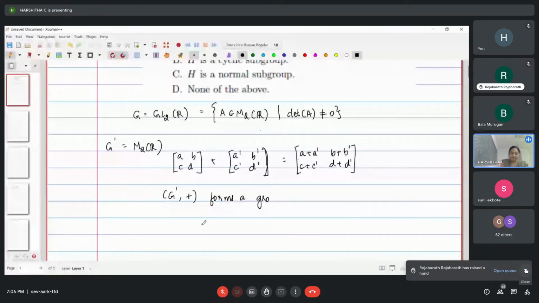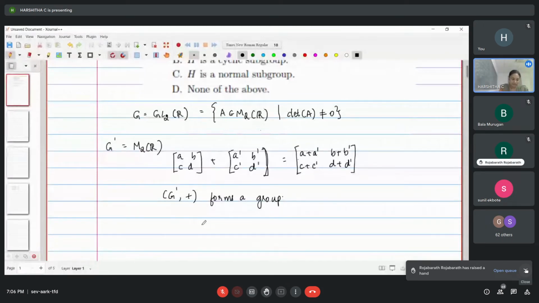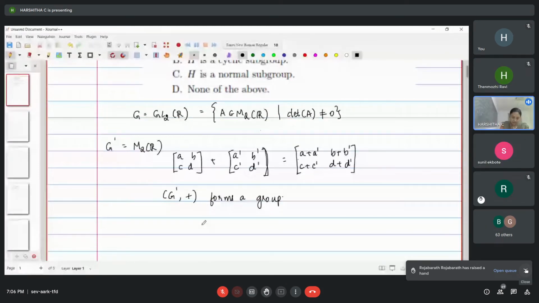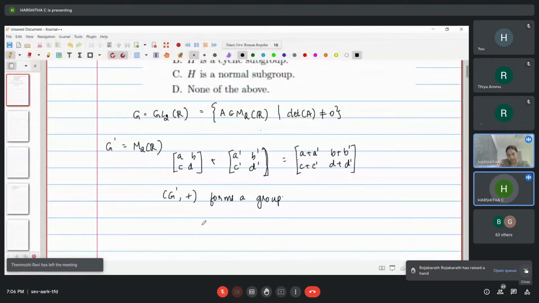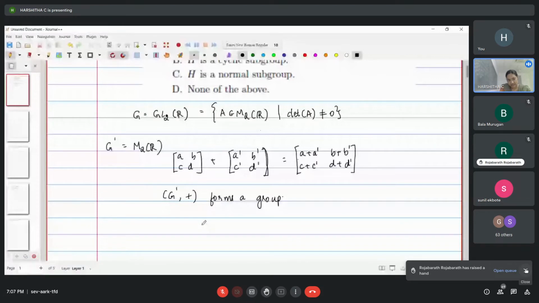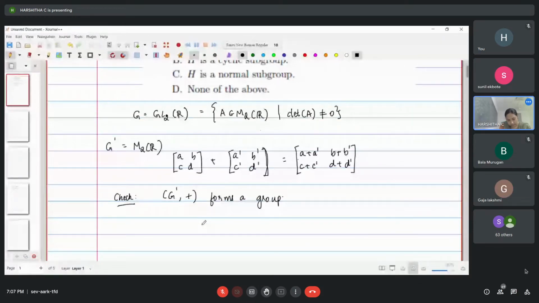So as a set, this GL2R is actually a subset of M2R, right? It is all those matrices whose determinant is non-zero. So it is definitely a subset of M2R. So G is a subset of G prime, right?